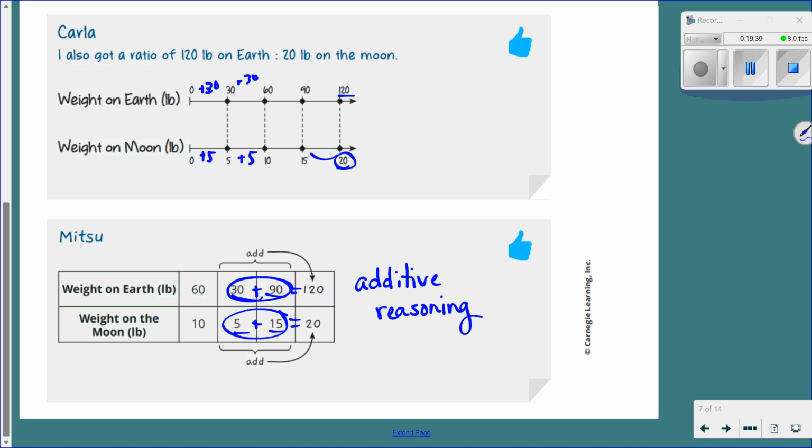Did I add the same number on the bottom that I did to the top? No, because in proportional reasoning, I have to add the pieces together. And that's the big difference between additive and multiplicative reasoning. Multiplicative, I will always use the same number on top and bottom. Additive reasoning, I will be using different numbers because I'm using the individual pieces.